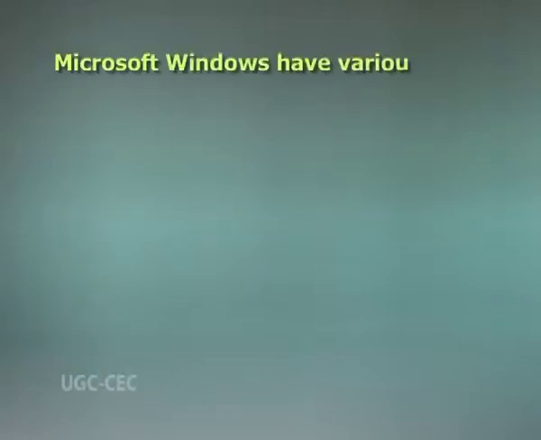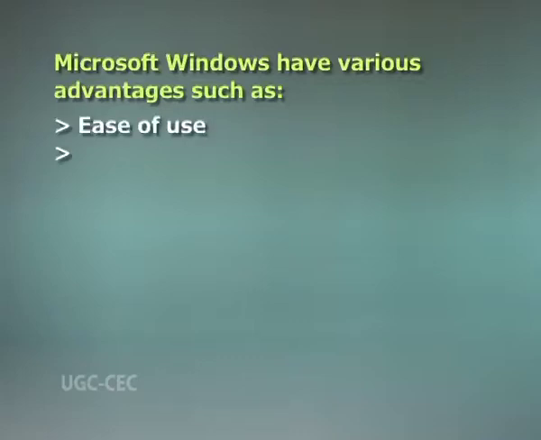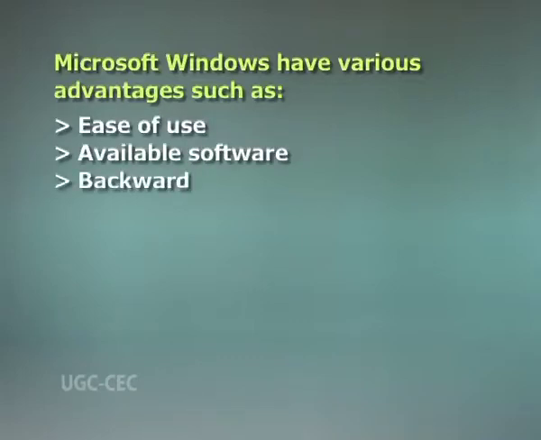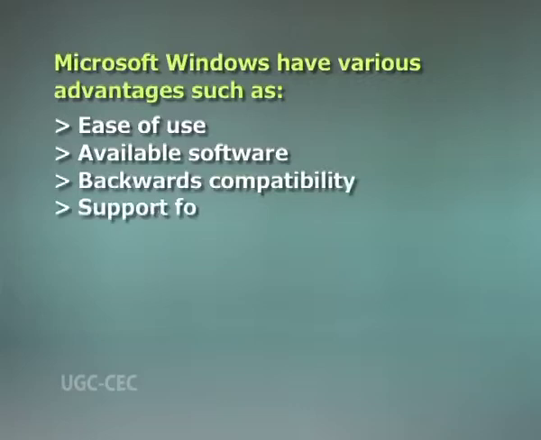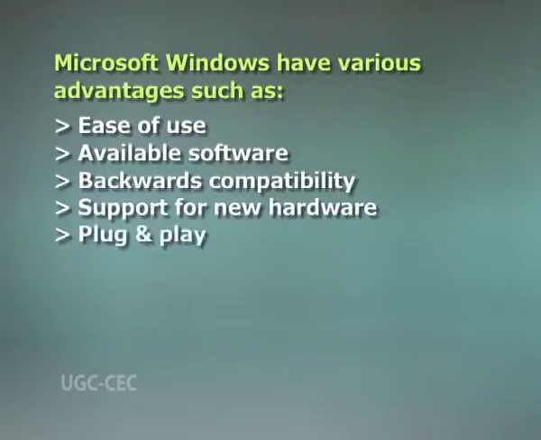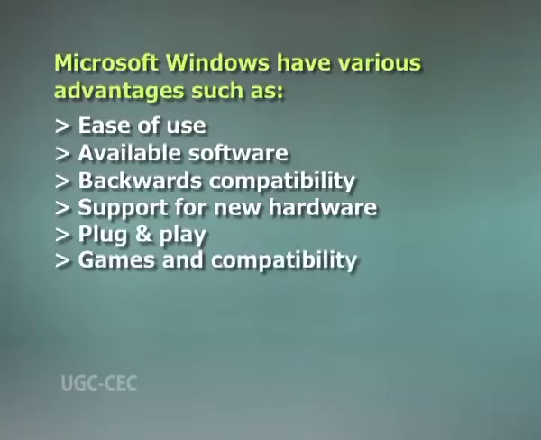Windows 8 will replace the more traditional Microsoft Windows OS look and feel with a new Metro design system interface that first debuted in the Windows Phone 7 mobile operating system. Microsoft Windows has various advantages such as ease of use, available software, backwards compatibility, support for new hardware, plug and play, games and compatibility with MS-driven websites.